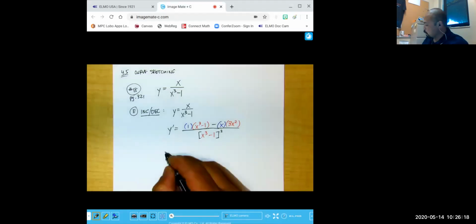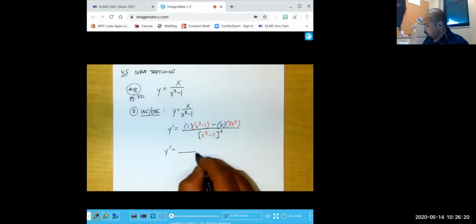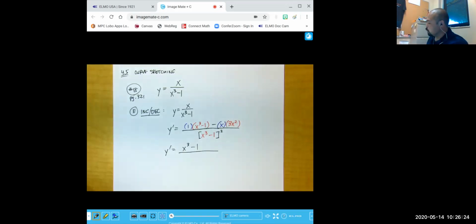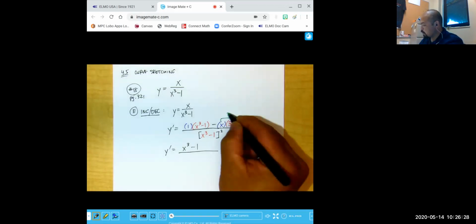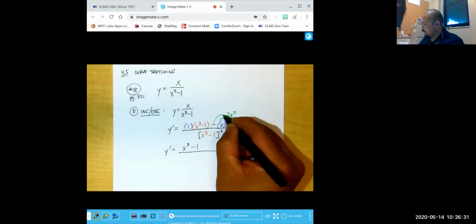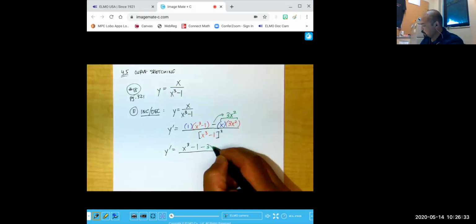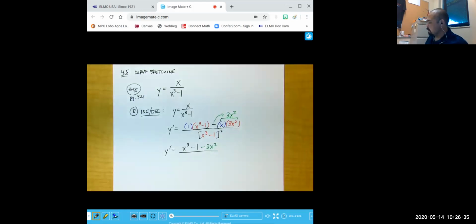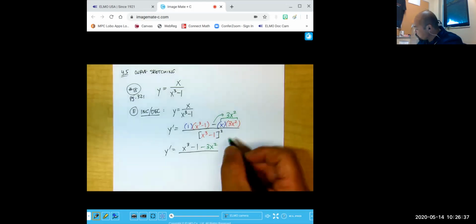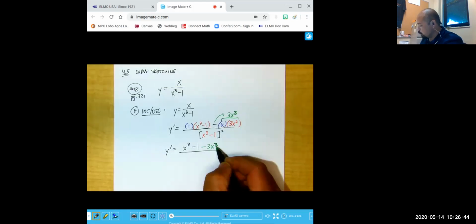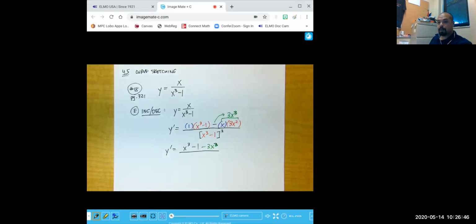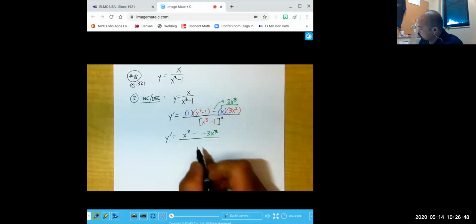Okay, so for my y prime, distributing that 1 through, x cubed minus 1, doing this multiplication, multiplying these two together, x times 3x squared, then making that negative, oh, x cubed, sorry, there we go, make sure I get my exponent work right. x the first times x squared, x cubed, there we go, better, because now we can actually combine some of those terms up in the numerator.